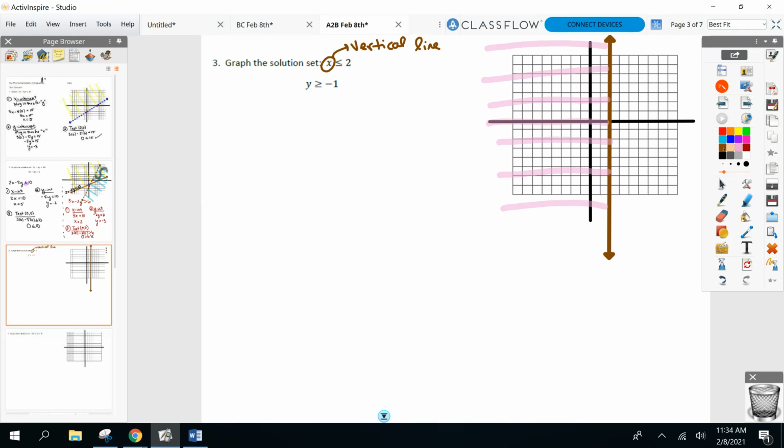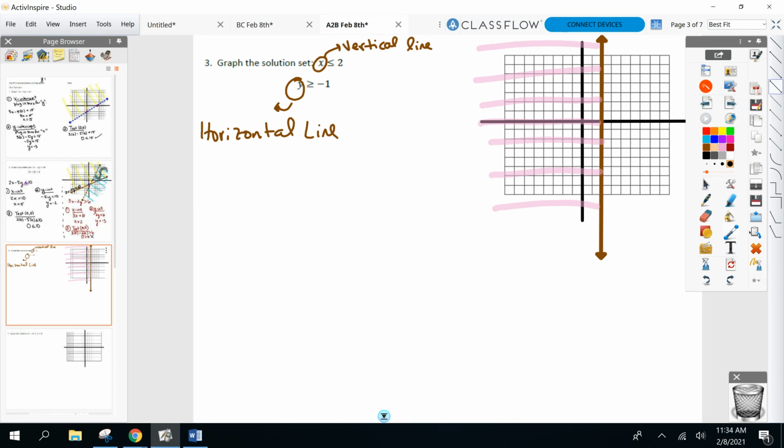And I think you can probably guess when Y is by itself, like it is in the second one, we'll have ourselves a horizontal line. And it's going to be solid because it's or equal to.